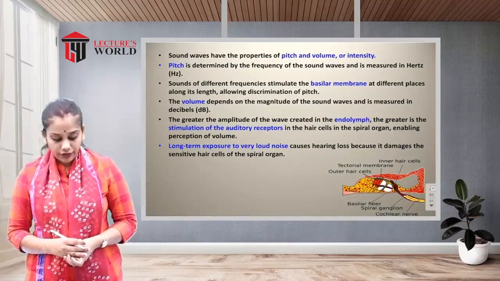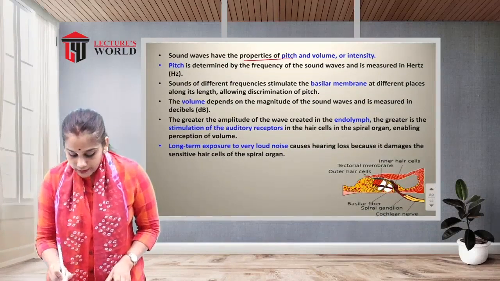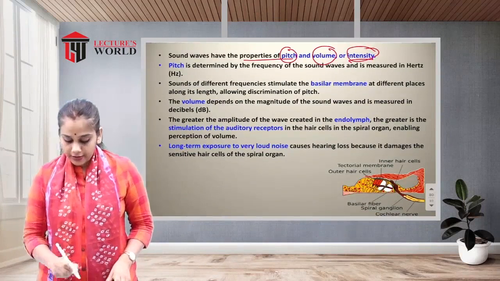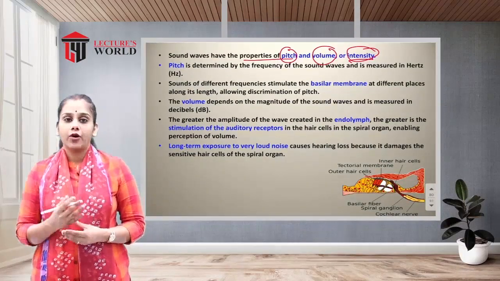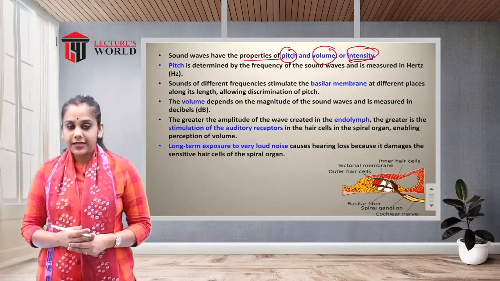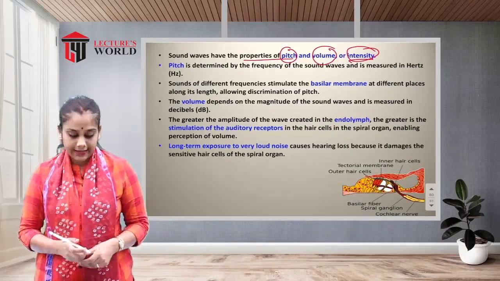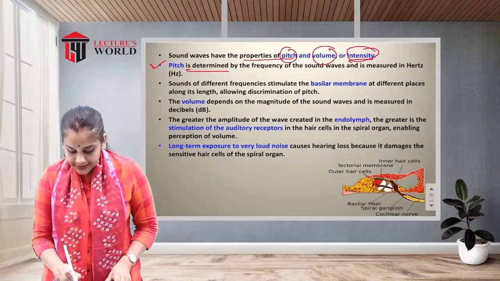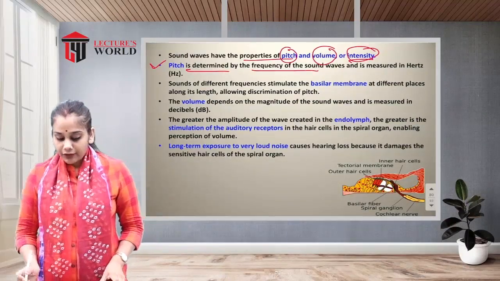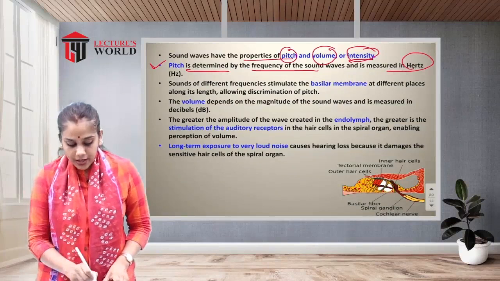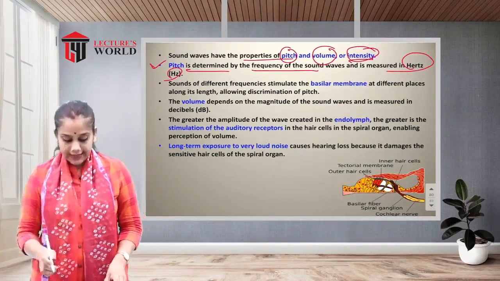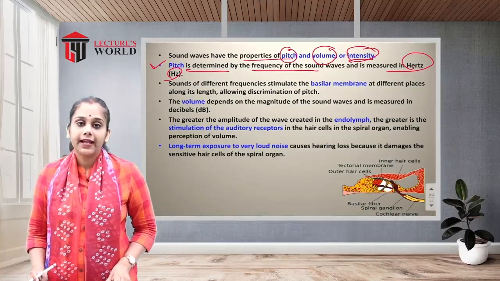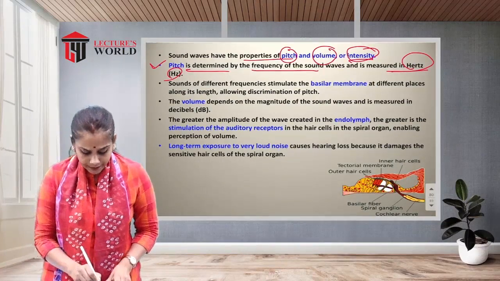So sound waves have the properties of pitch, volume and intensity. As we know, sound has three properties. The first one is pitch. Pitch is determined by the frequency of the sound wave, and it is measured in hertz.